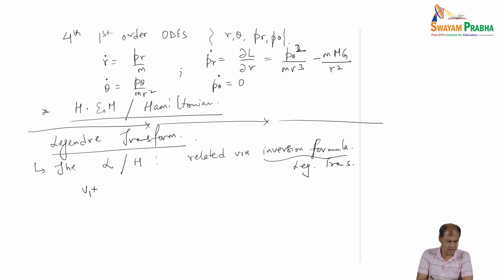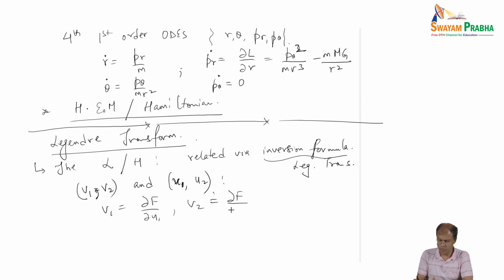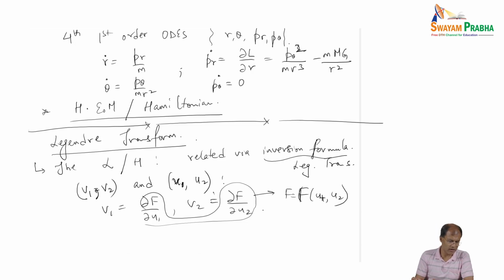So suppose we are given two variables v1 and v2, and we are given another two variables u1 and u2, and they are related by the formula that v1 is partial f partial u1 and v2 is partial f partial u2, right? So you can see that from here we can assume that this function f is a function of u1 and u2 only, only two variables.